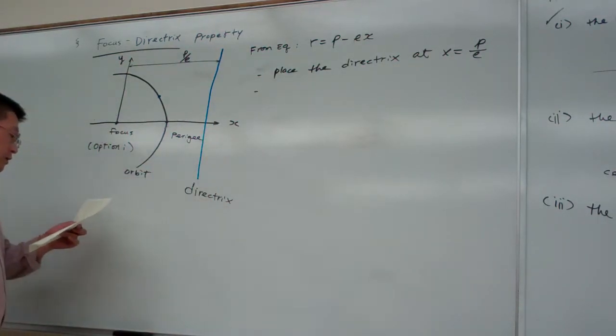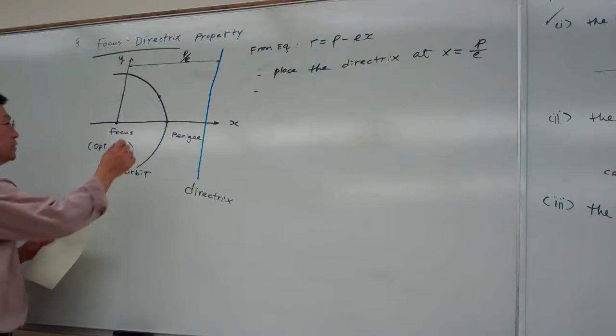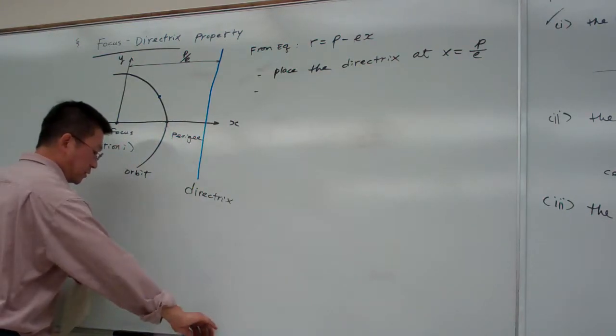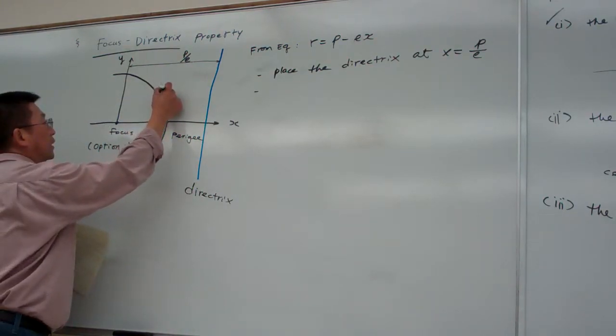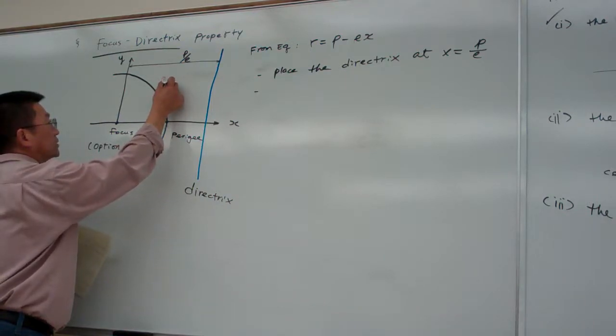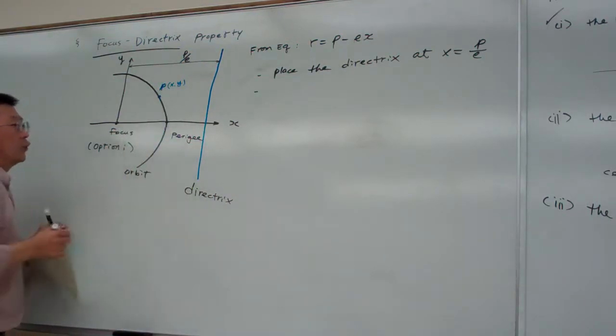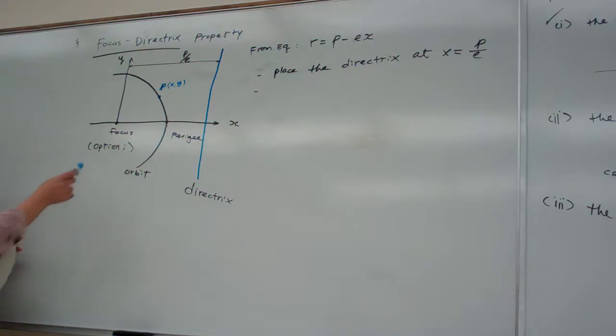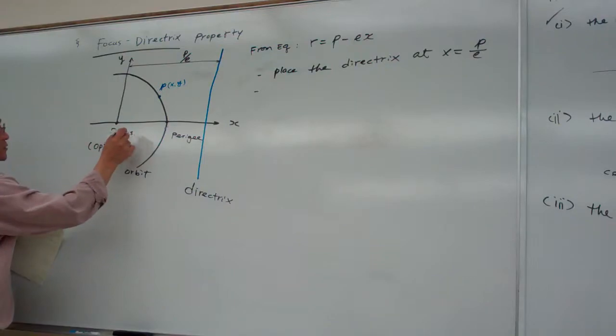The second one is we place an arbitrary point. Let me call the point P. Say any point P, and it has the coordinates x, y, the measurement of x, y with respect to the origin, so that is also the origin.